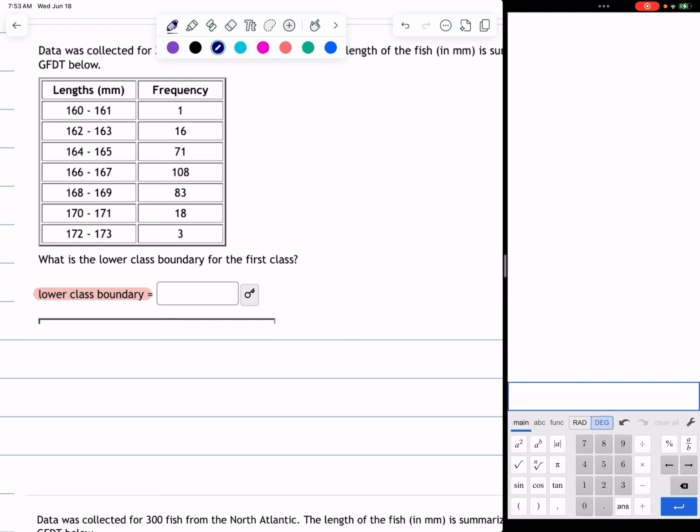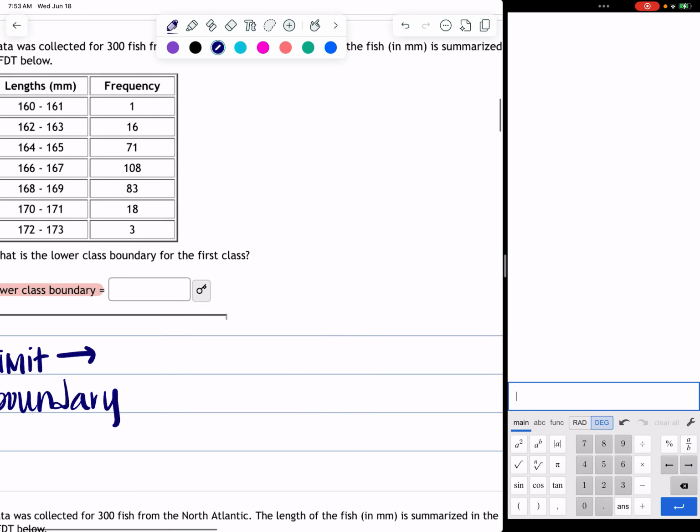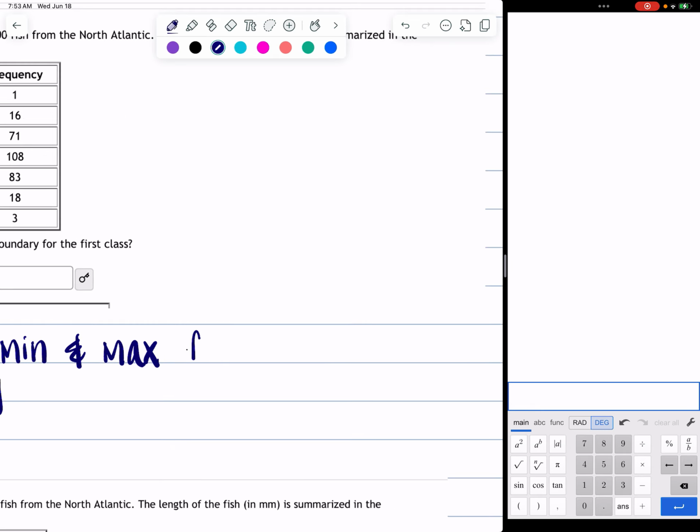We have a limit and a boundary. A limit is the numbers you already see. This is the minimum and the maximum for the class.